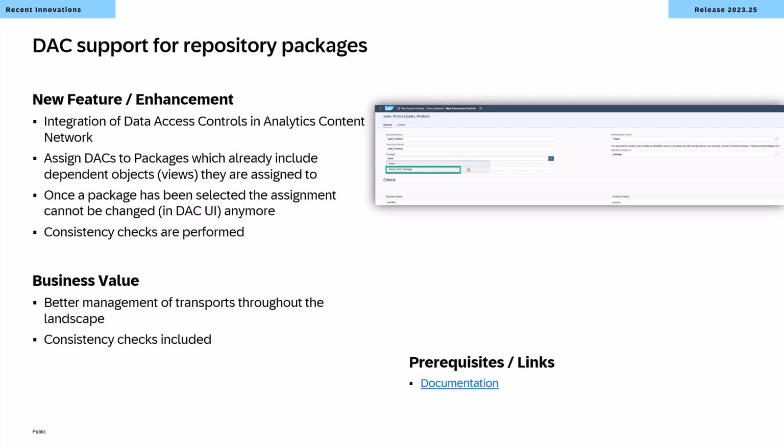Repository packages were introduced earlier in the year, and now this also works together with data access controls, so that you can assign them to packages and then transport them throughout your landscape. A small but important feature, which also checks for consistency with the assignment of a data access control package, etc.